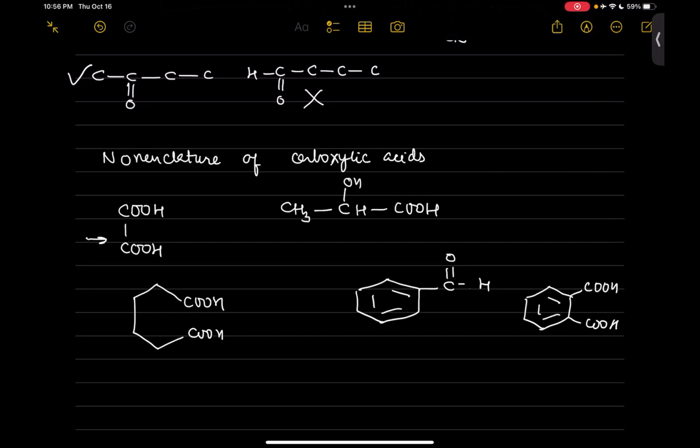What is the IUPAC name? What is the word root? How many carbon atoms does it contain in its parent chain? Yeah, ethane, and how many carboxylic acids are there? So ethane 1,2-dicarboxylic acid.